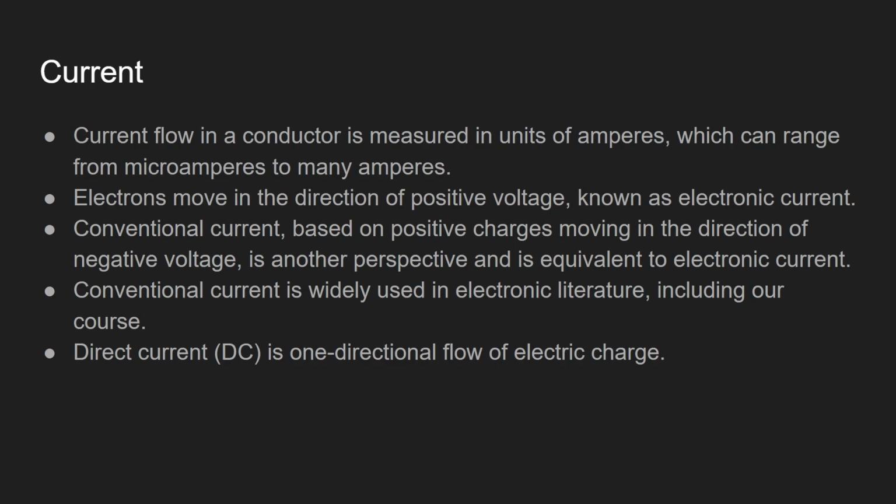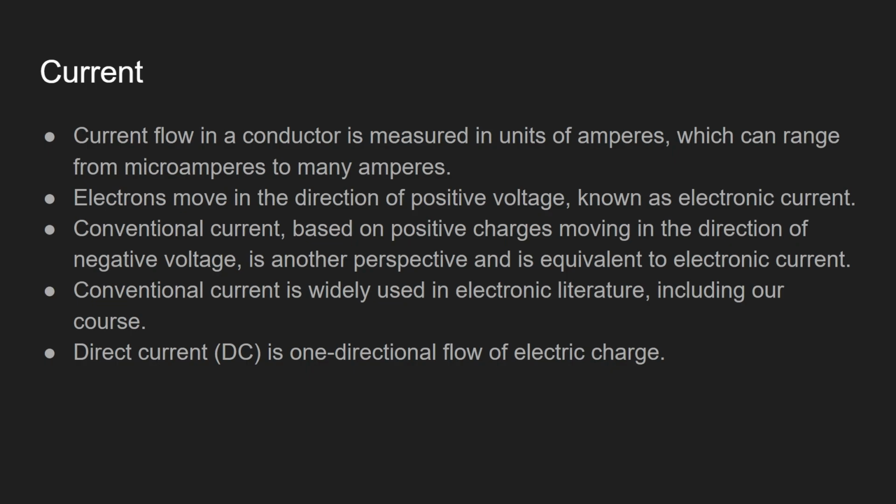The current we are talking about is moving from positive to negative, but the electron is moving from negative to positive. So they are in different directions. We made them up. If we connect a conductor to a battery, it is direct current, where the current flows in only one direction.